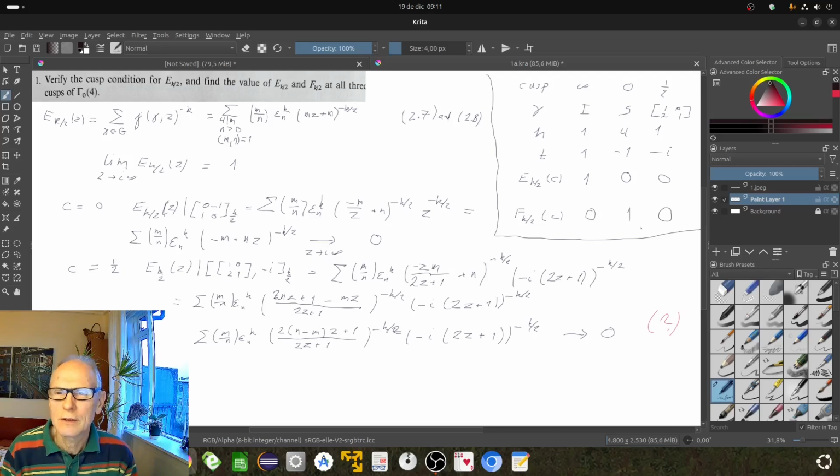This is quite weird. So all combinations of E and F should give naught at 1/2.